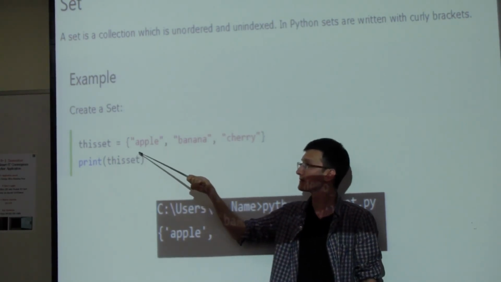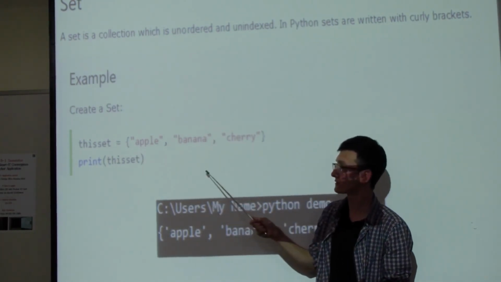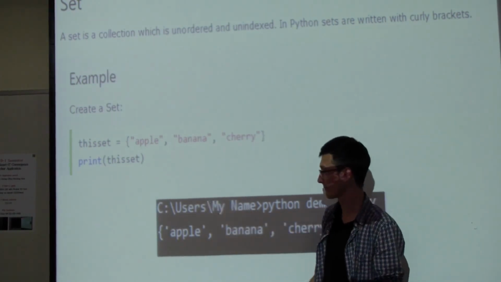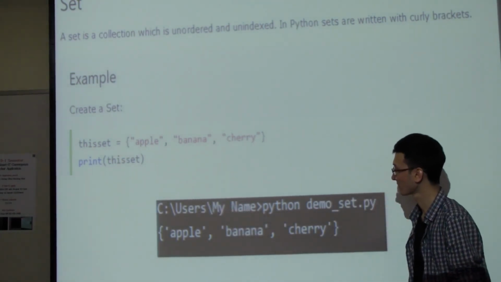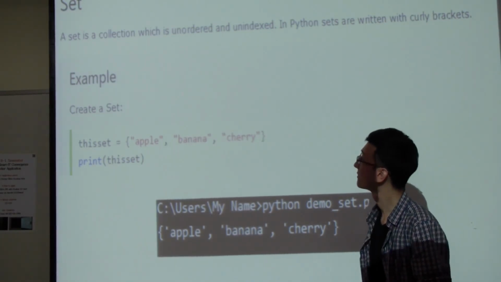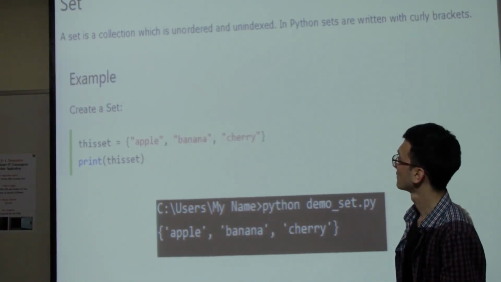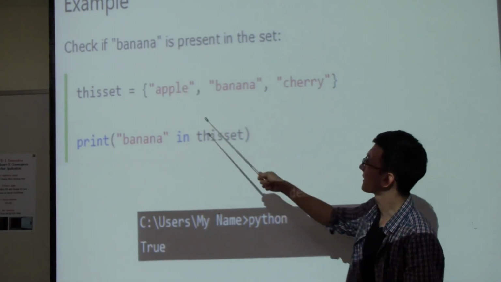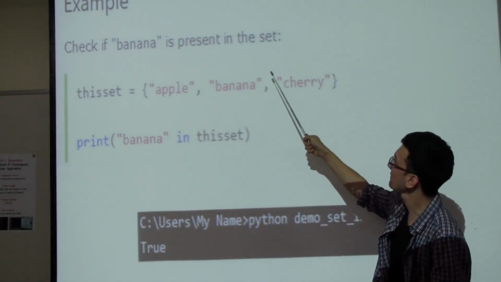So, in the set, we gave some values. Now we are printing them. Apple, banana, cherry. Check if banana is present in the set.